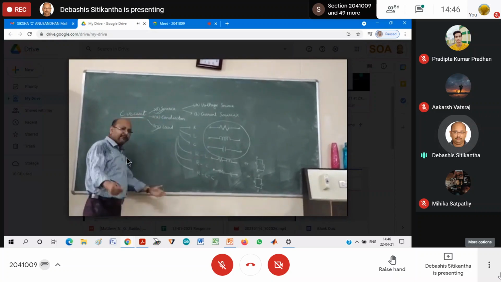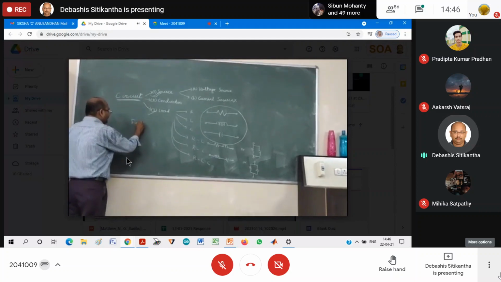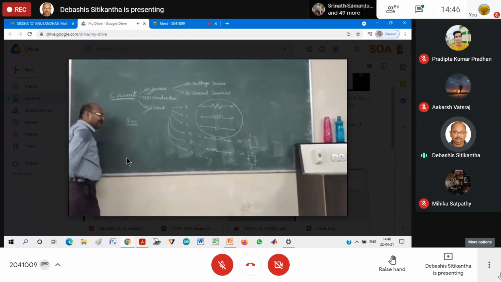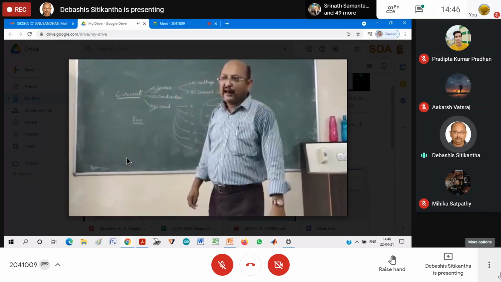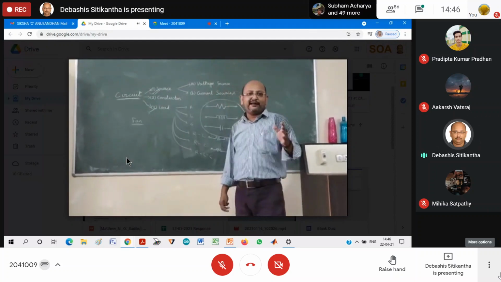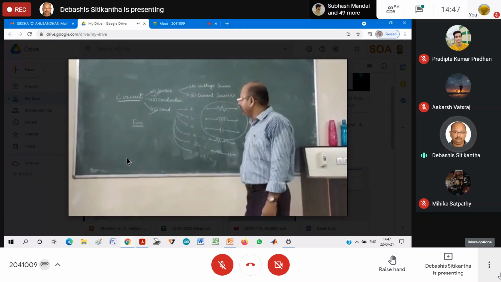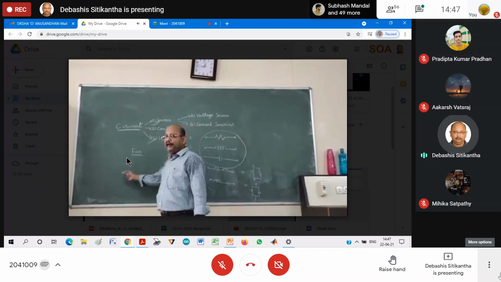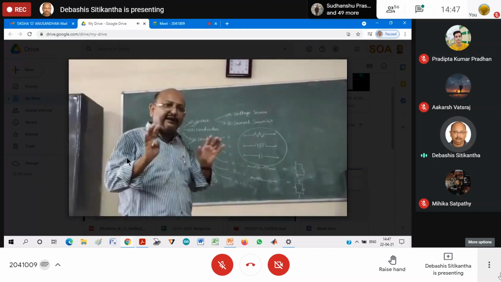So in this lab, suppose I am talking about a fan. When you go to the higher semesters, you will study that a fan is basically made out of coils, and these coils, because of some magnetic field interaction, are going to rotate. So obviously one thing will come into our mind, the fan must be an inductive load. No, the truth is a fan is not a purely inductive load.